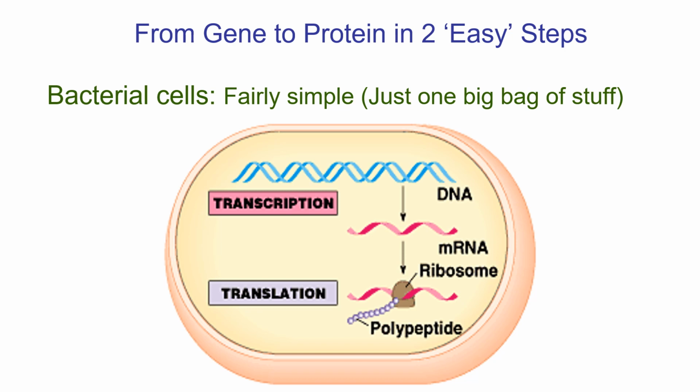So in our cells, about 96% of your DNA doesn't appear to code for anything. It may have other functions, we'll talk about that a little bit later, but it doesn't seem to code for messenger RNA that's used to make proteins.